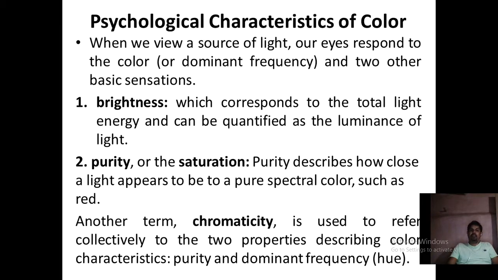That is saturation. After that we don't have any other red; that is the last stage of the red color. There is no change: you can decrease the color, but you cannot increase the purity of that color. That is called purity.